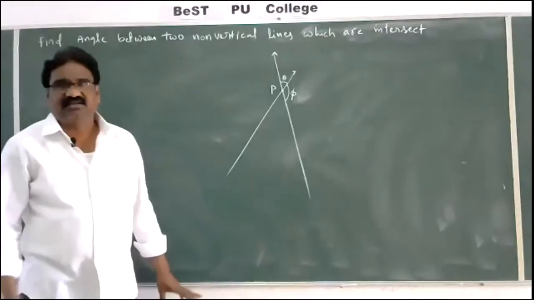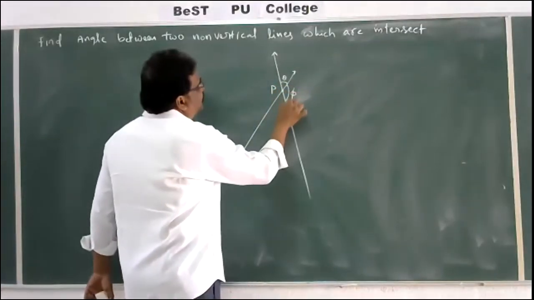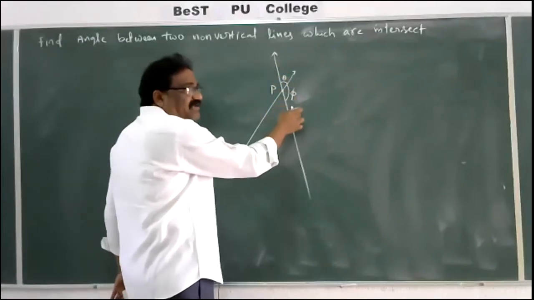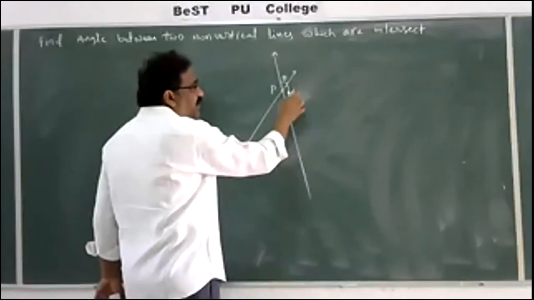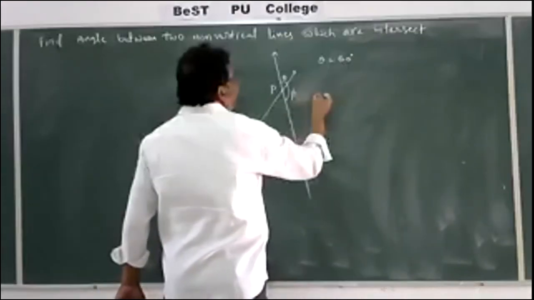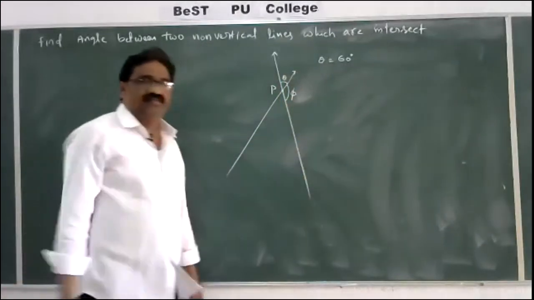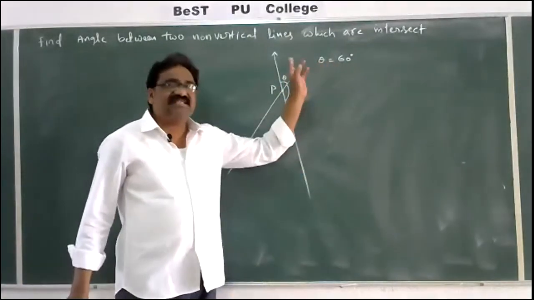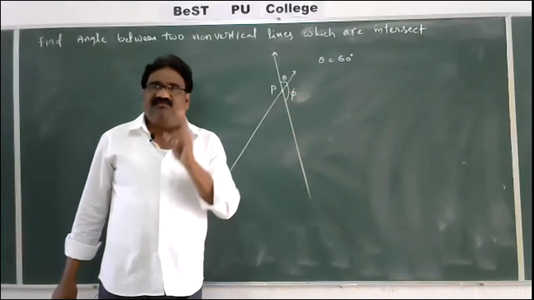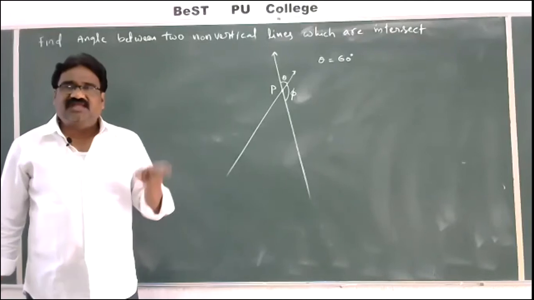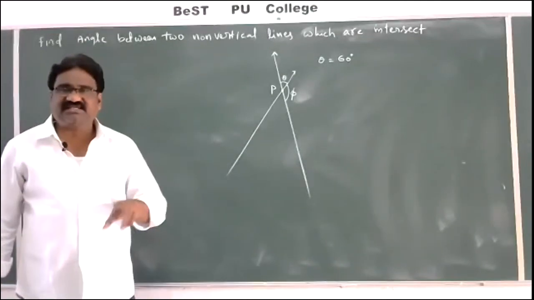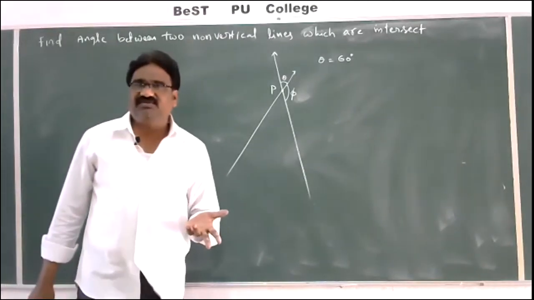Theta plus phi is a total of 180 degrees, that is angle on a straight line. For example, theta is equal to some 60 degrees. The remaining 120 degrees is phi. That means theta, 60 degrees, is the acute angle and phi is the obtuse angle. So if two lines are intersecting, we get two angles between the two lines: one acute and another obtuse.